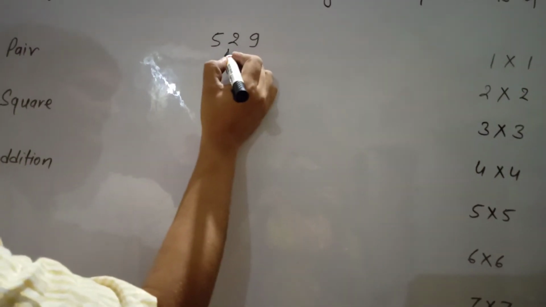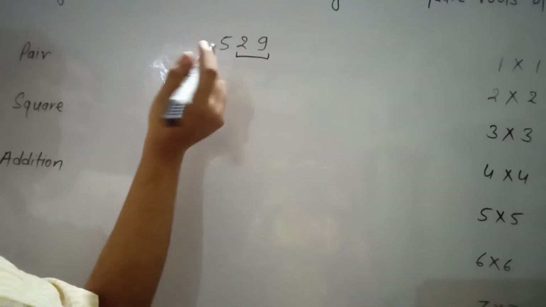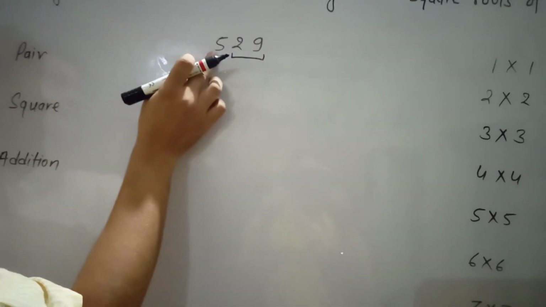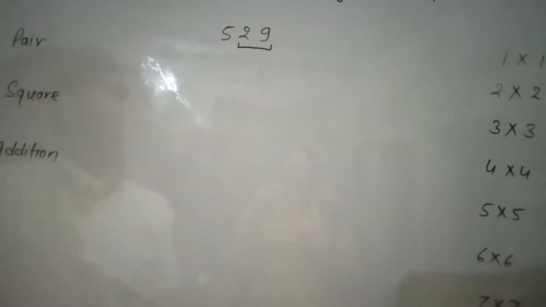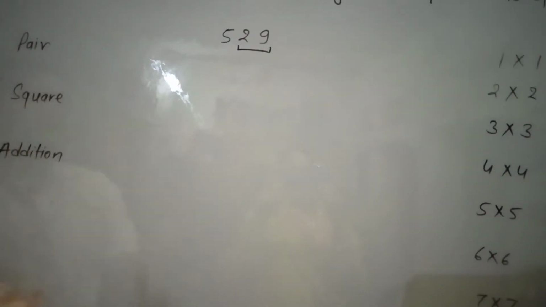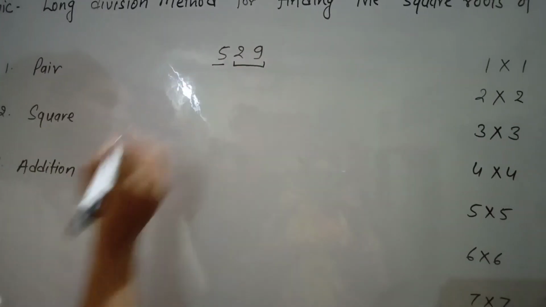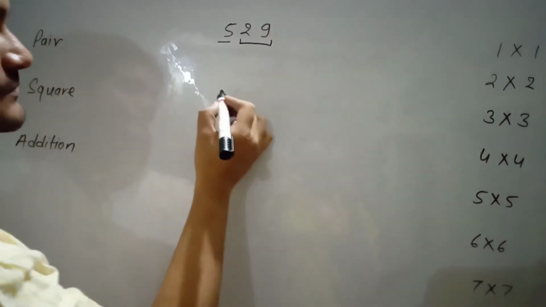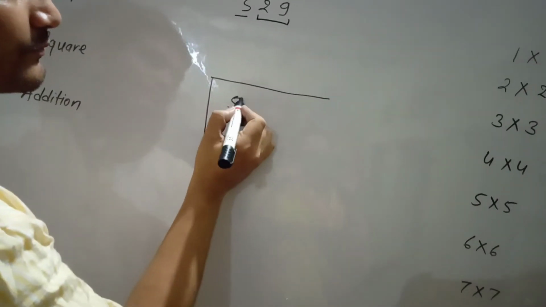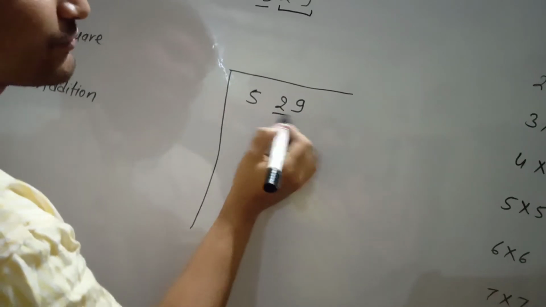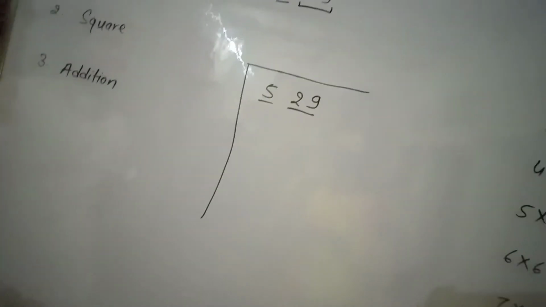So here this is the first pair, and now we have only one digit left, so we can't make a pair. So here we get one pair and one single digit. Here 29 is the pair and 5 is the single digit.